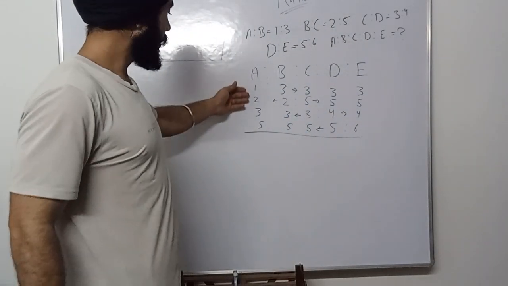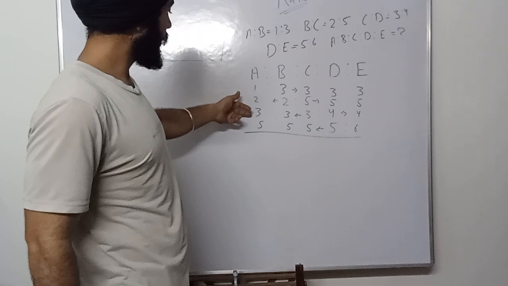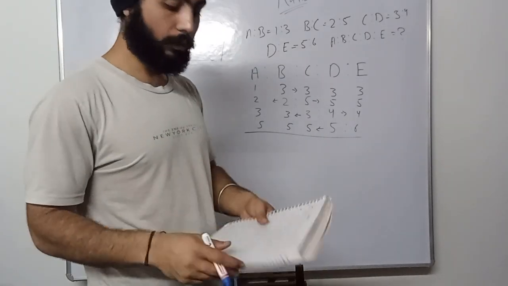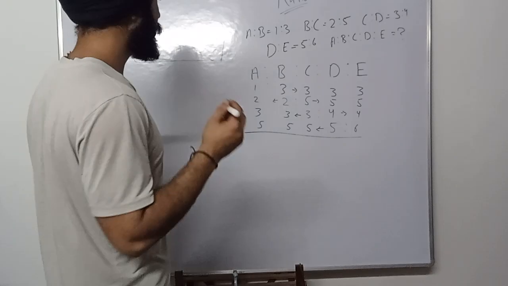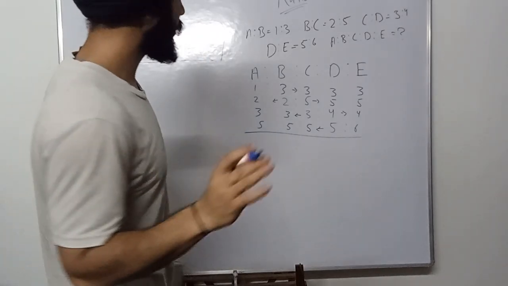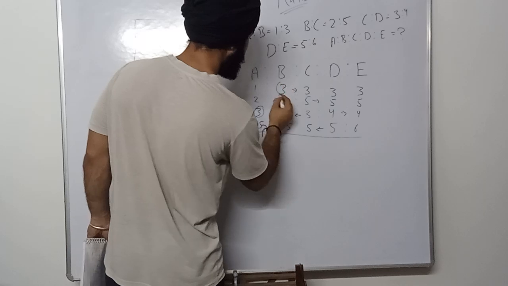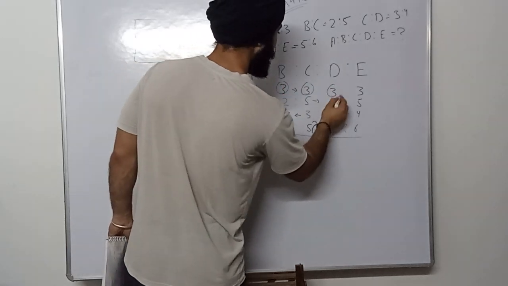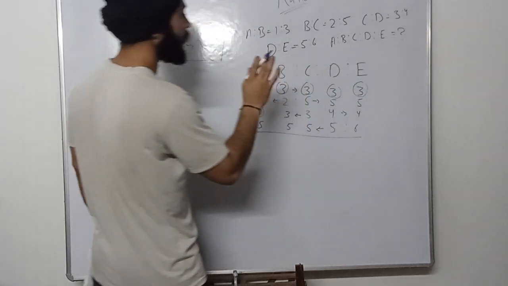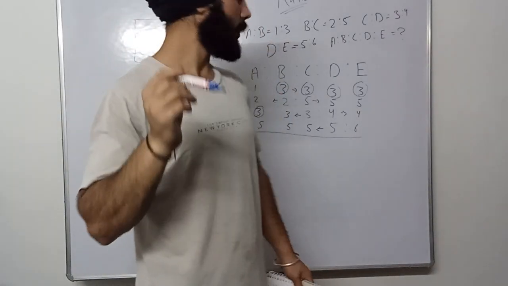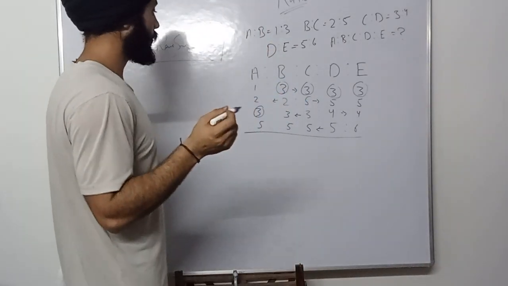Now we need to multiply this, like 5 times 3 is 30. But we can see other things, like we can cut it down. So we have to find the common number. We can see 3 is here, and here. We can only cut a value if it is present in all the columns.